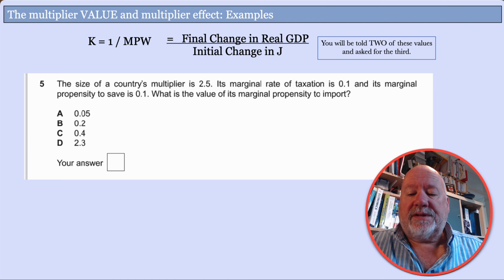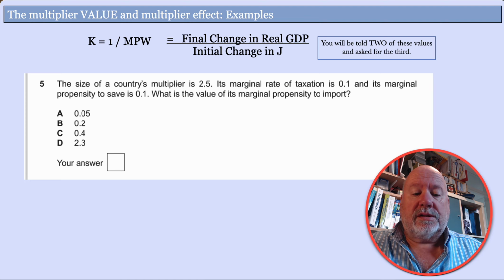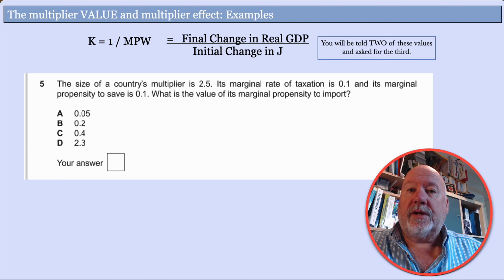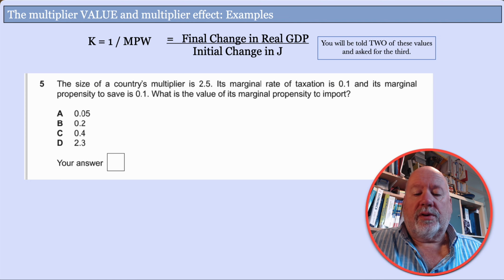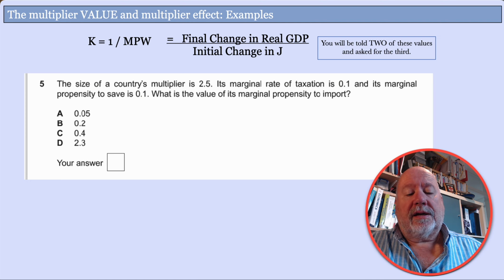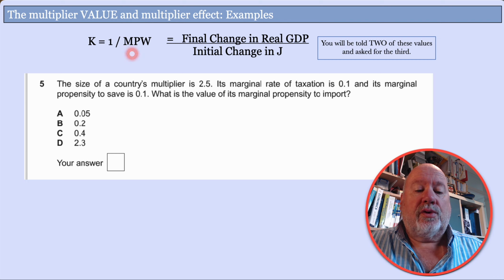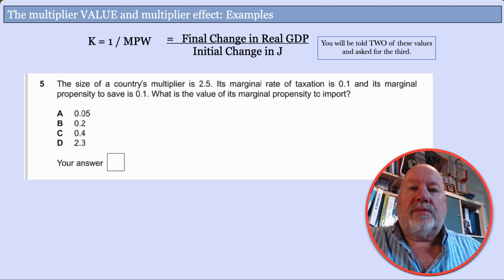So if taxes are 0.1, savings is 0.1, and I've got to make that up to 0.4, I need to find this answer here, which is 0.2. So the answer was B, 0.2. Add 0.2 to 0.1 and 0.1, and I get 0.4, and I know that that's the MPW.